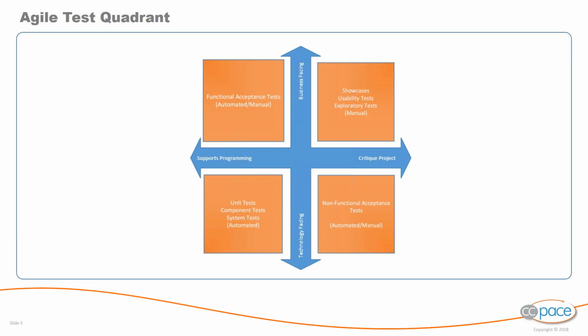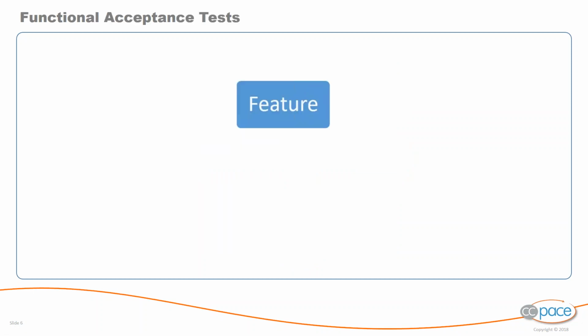For the purposes of this webinar, though, we're going to scope our discussion to just the functional acceptance tests, the ones that fall in the second quadrant, which is business-facing and supporting the programming effort. Now, what are acceptance tests?